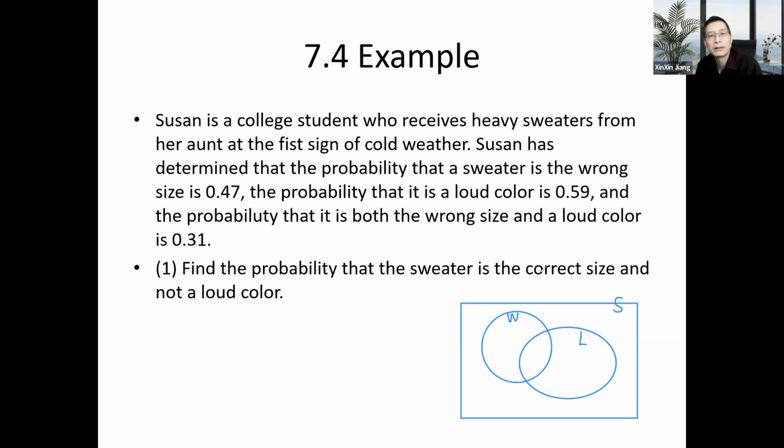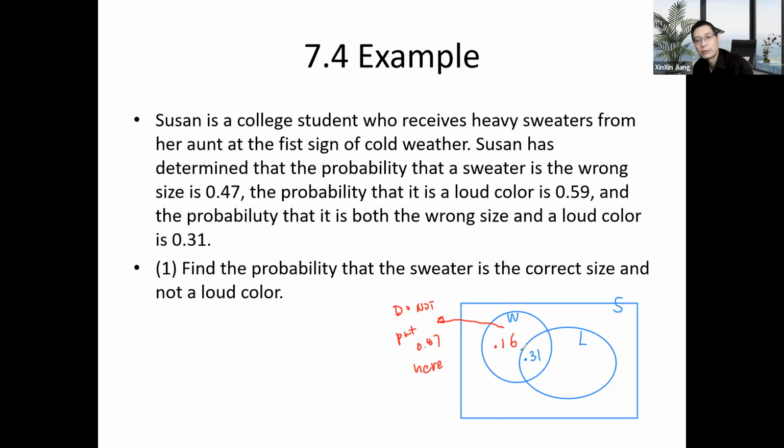The probability that both would happen is 0.31. So the rule of thumb, you start with the middle part, the intersection. And then the wrong size is what? 0.47 minus 0.31, you get 0.16. Again, I wanted to emphasize, do not put 0.47 here.